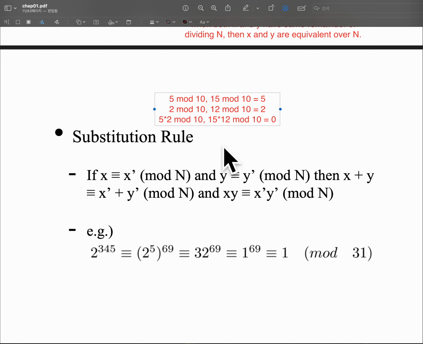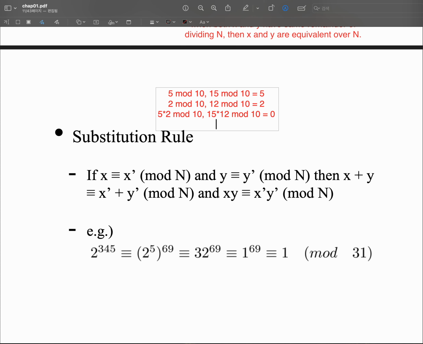So this is the substitution rule, okay? And maybe this can be easily proved like this. The number A can be written like A prime times N plus A double prime, okay?